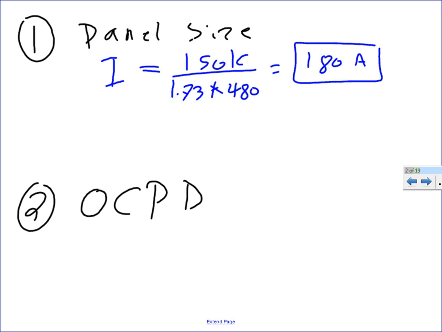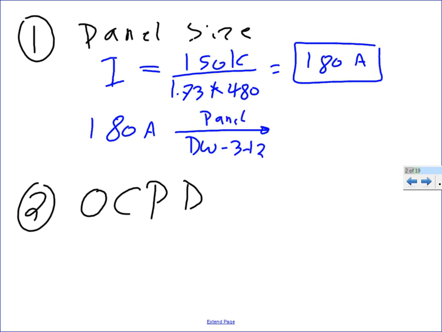So then you take 180 amps and take them to where? This is where I want you guys to take them. We're going to take them to DeWalt 3-12. Can you guys go there? Under panels.